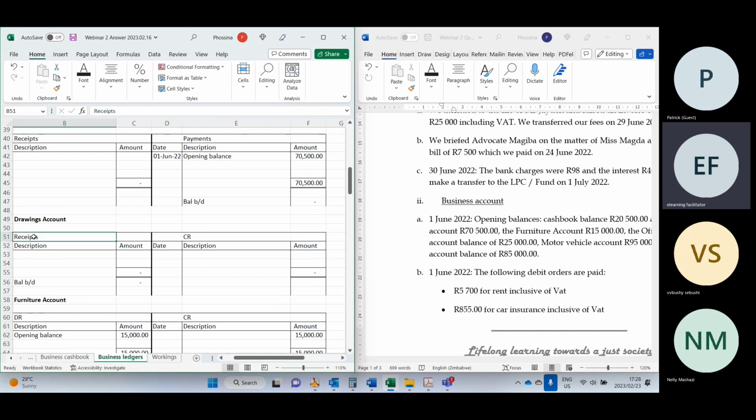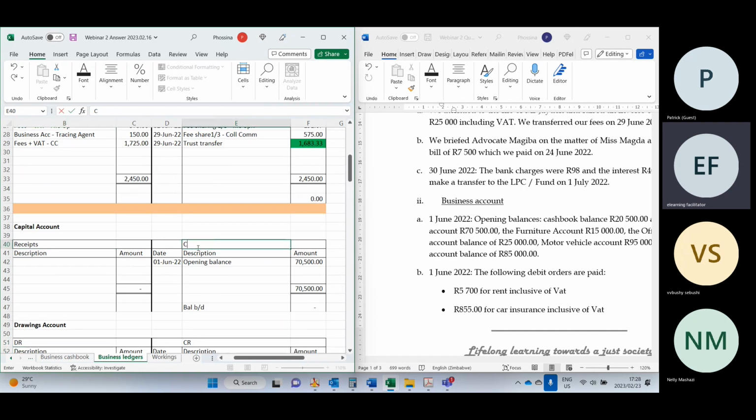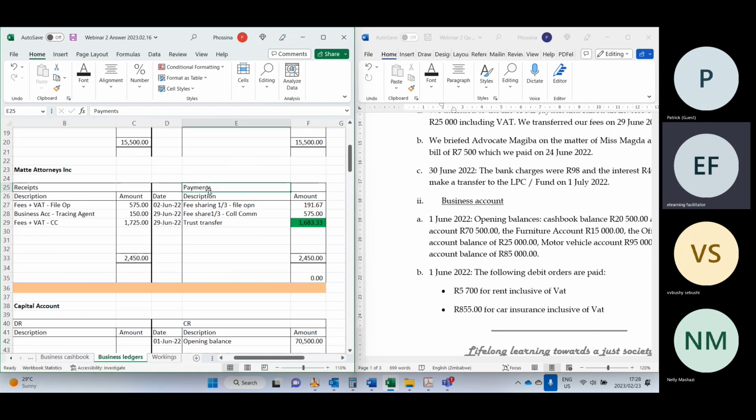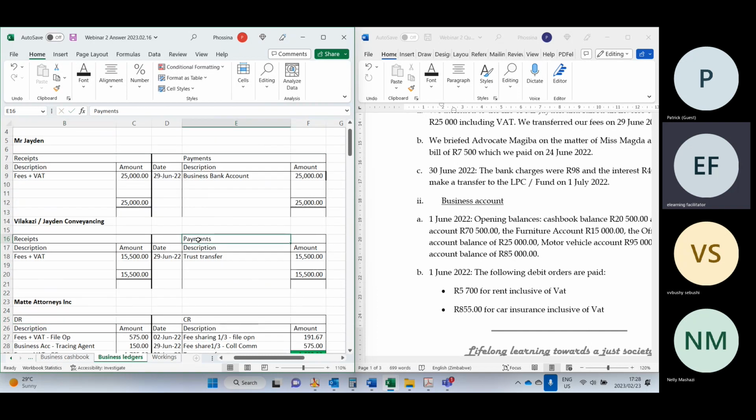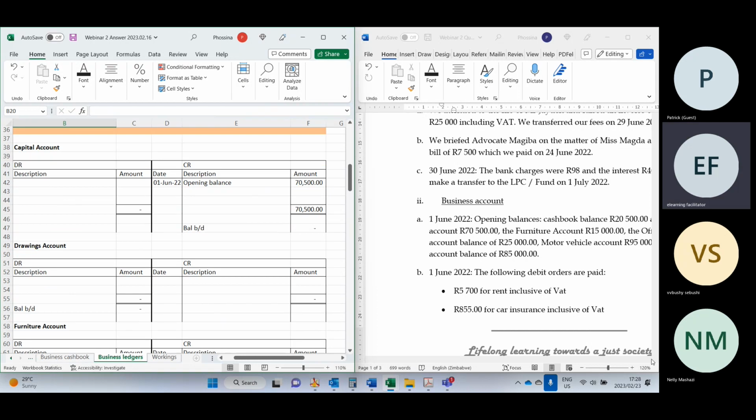So it should always be debit and credit. The idea is for you to be guided, so that when you want to credit something, you know this is the credit side and this is the debit side. It's the same everywhere with our ledgers. It's only our cash books where we show receipt and payment sides, but the concept is the same. It's a credit and a debit, like that. So you can always correct your ledgers like that.